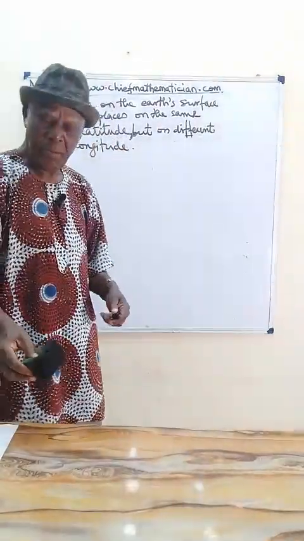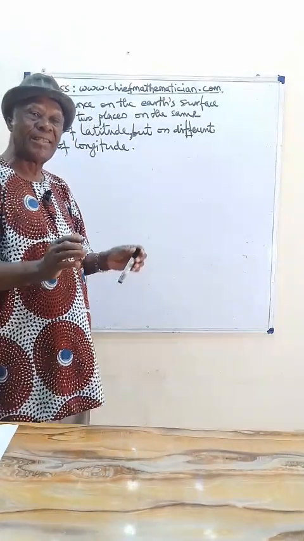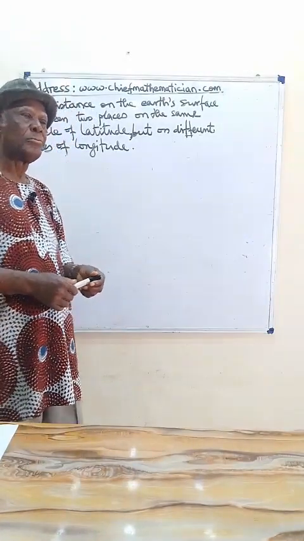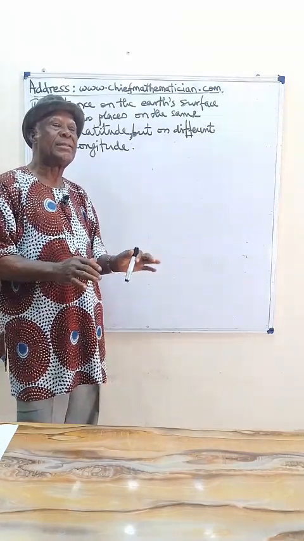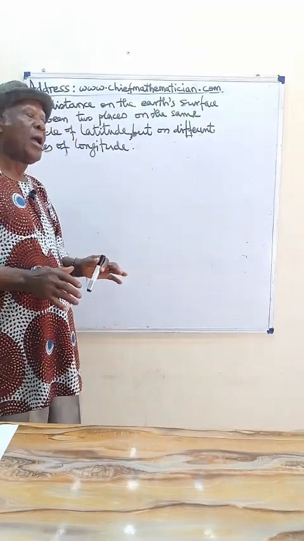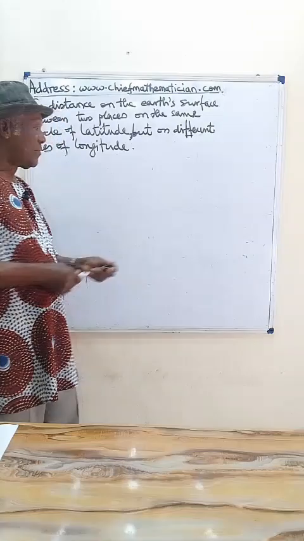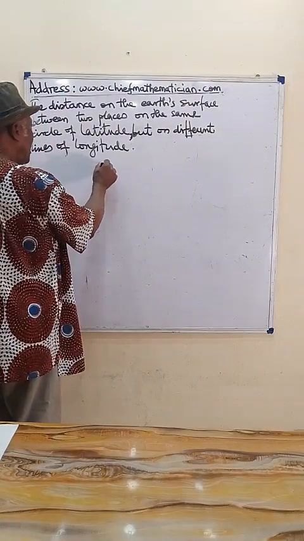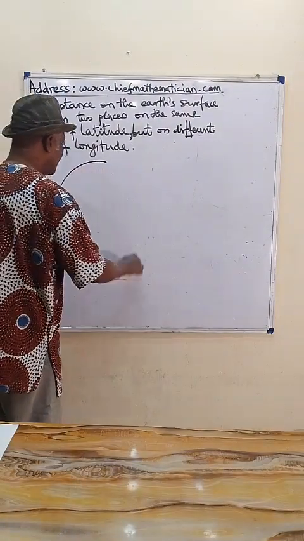Please pay attention to certain things which I want to point out now with regards to the earth, lines of longitude and circles of latitude. Now, let us take this as the earth.